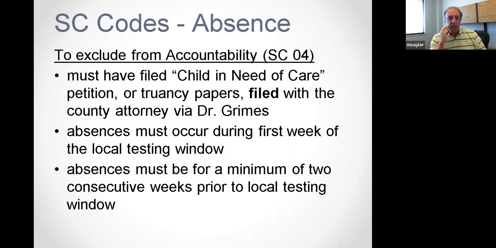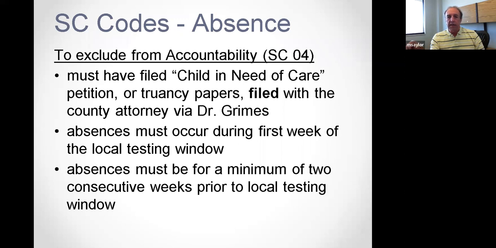And this is one I want to clear up on the truant kids. You've got to either ask for a truancy or a child in need of care petition. Send that information to Dr. Grimes over at Avondale. She will then file it with the DA's office. All we have to do is file it with the DA's office, and then I can code them out.